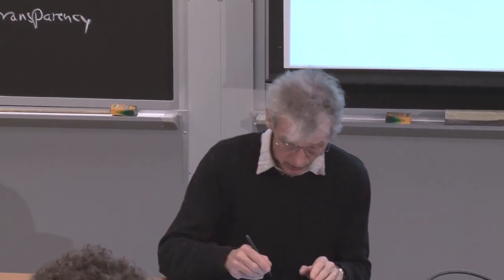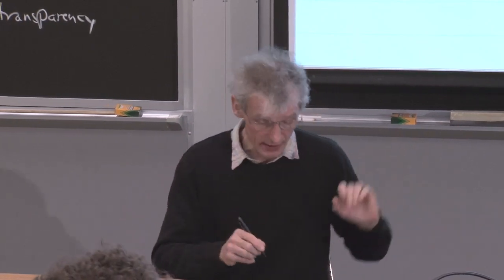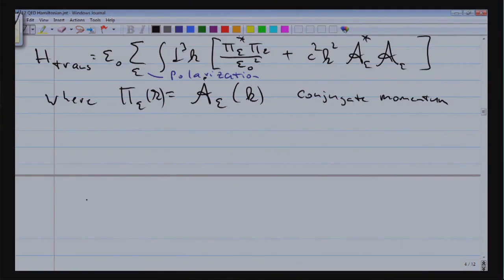Let me just show you now, and it may help you to go through the previous derivation. Let me now introduce what I did before, the normal modes, and then show you how the energy looks when defined in normal modes.